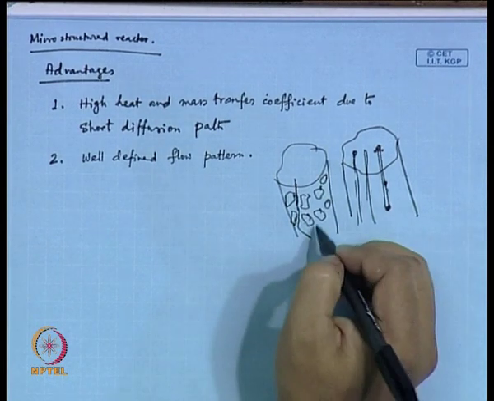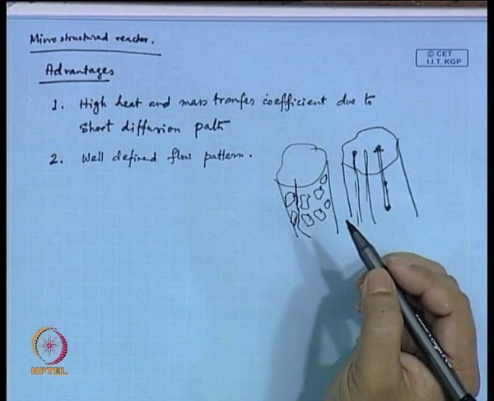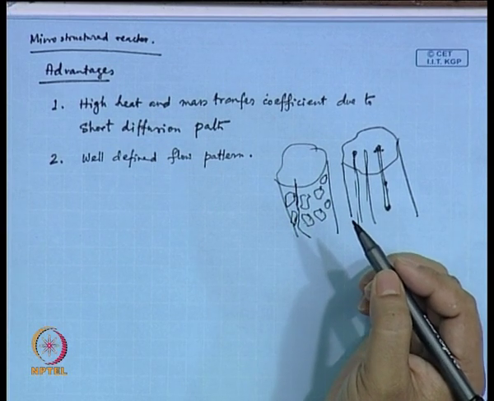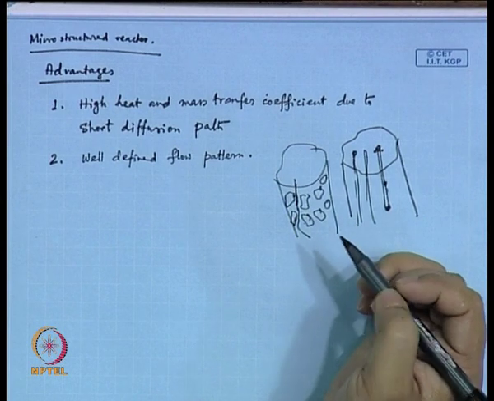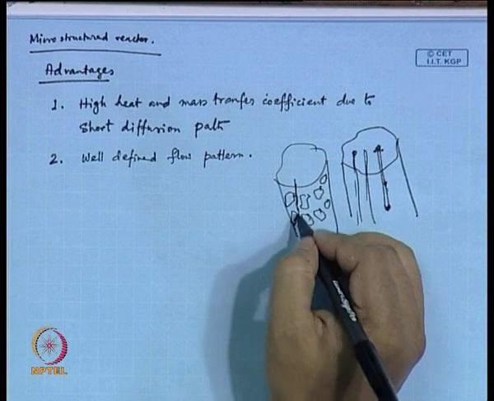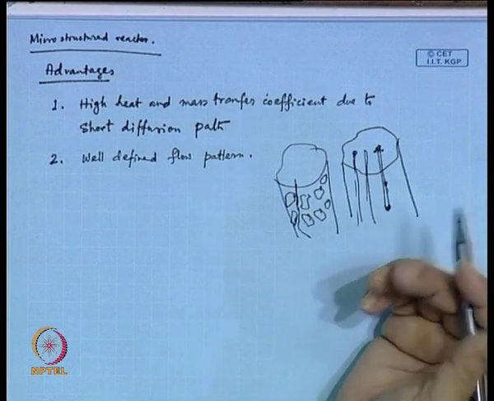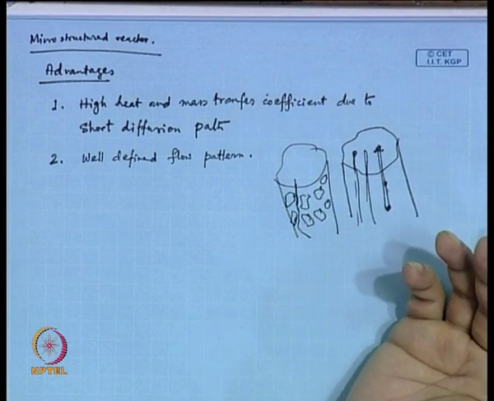First of all, the flow pattern is not well defined. So, you do not know in which regime you are working, and also you do not know what would be the catalyst that this flow encounters per unit volume, and that probably defines how fast the reaction would be, or whether there should be any side reaction or not.